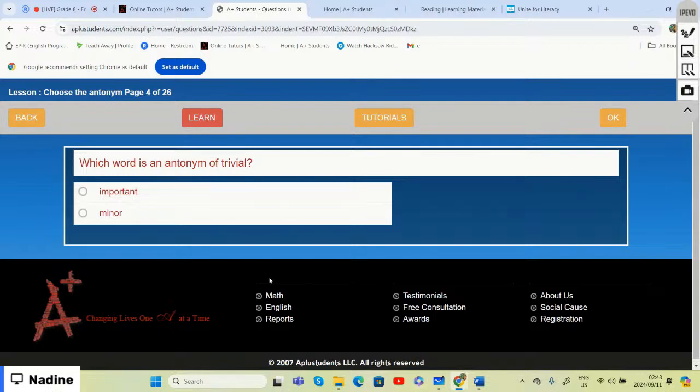Which word is the synonym or the opposite of trivial? Trivial, is it important or is it minor? What is the opposite of trivial? Is it important or is it minor?